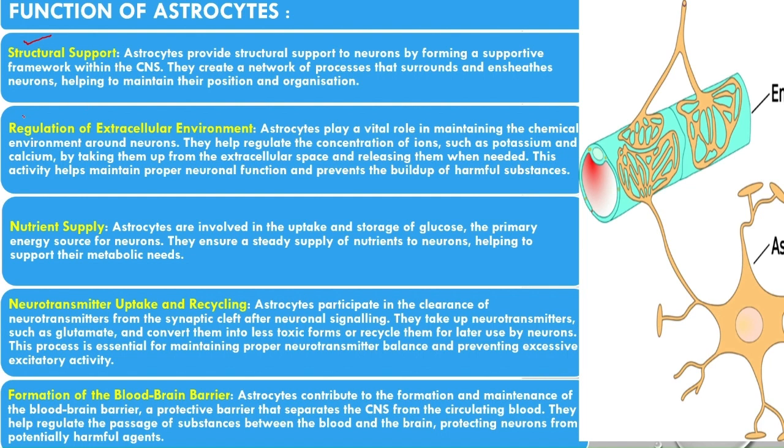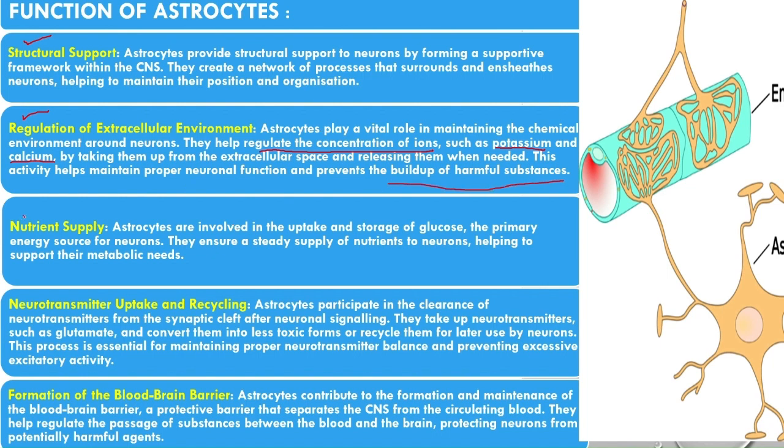The second function is regulation of the extracellular environment. This function is very important because astrocytes play an important role in maintaining the chemical environment around the neurons. They regulate the concentration of important ions such as potassium and calcium. By taking them up from extracellular space and releasing them when needed, this activity helps maintain proper neuronal function and prevent buildup of harmful, toxic substances.